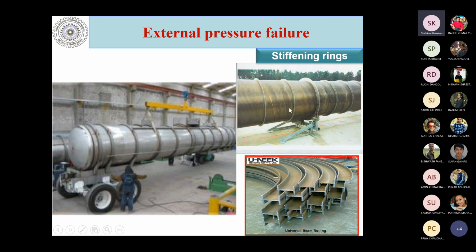If these stiffening rings are not placed, the whole length is available for the compressive stress to act on. However, when I have these stiffening rings, the length over which that stress will act is only this much, then this much, and then this much.